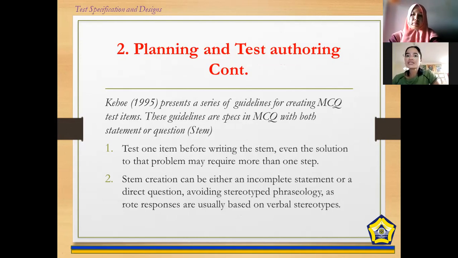The first one is to test one item before writing the stem, since the solution to a problem may require more than one step. The second one is that stem creation can be either an incomplete statement or a direct question, avoiding stereotyped phraseology, as responses are usually based on verbal stereotypes. Next.